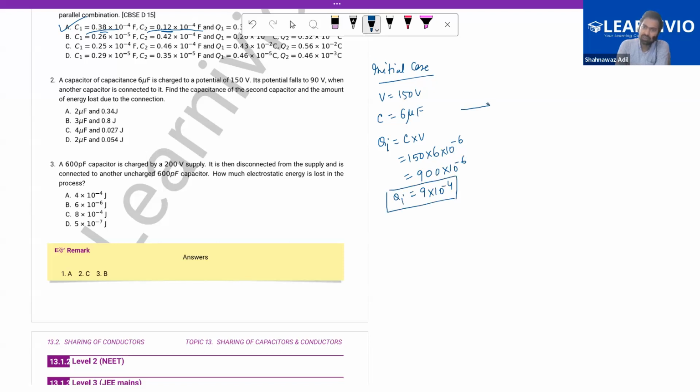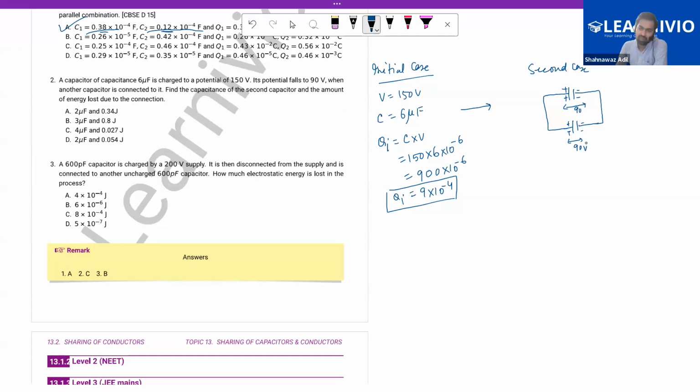Now the second case is that you are connecting this capacitor to another capacitor, and these are in parallel connection. So this is positive, this is negative, and this is uncharged. Then it will get some charge, and now the voltage has become 90 volt, and this is also 90.